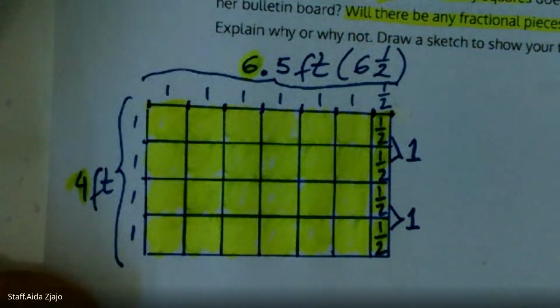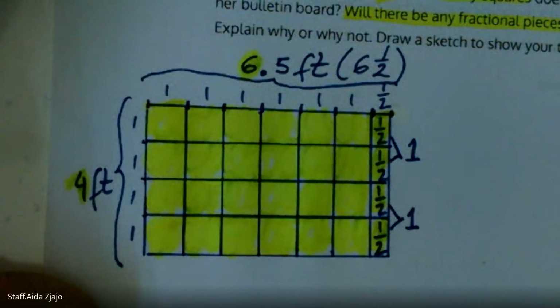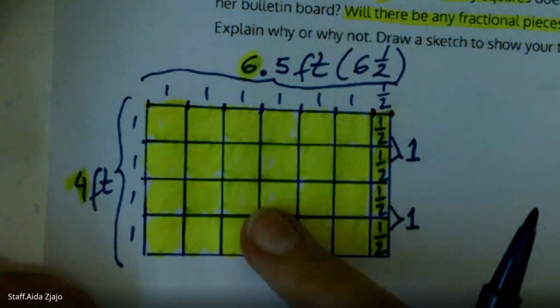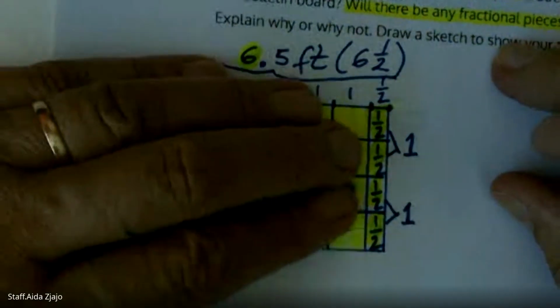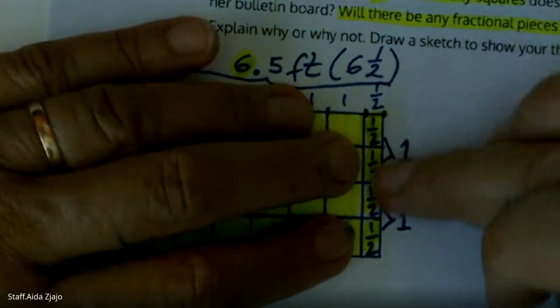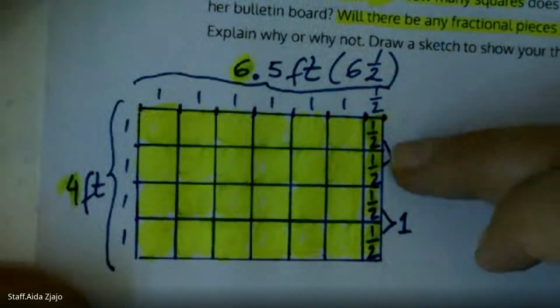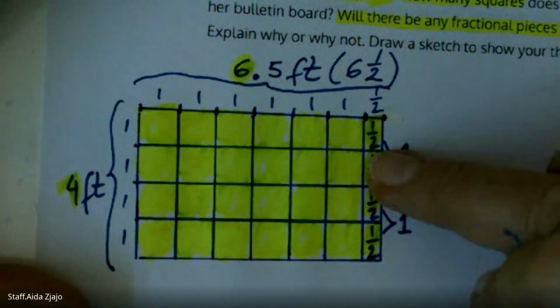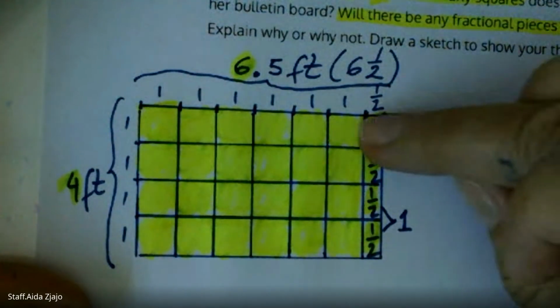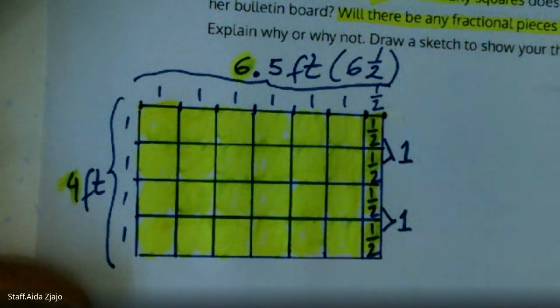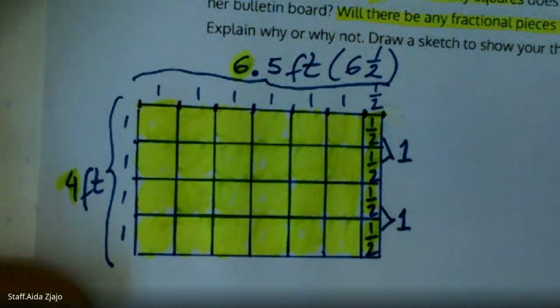She can have 26 squares, and she will have 24 whole squares, and then she will have 2 squares that she will cut in half to cover these half squares on the bulletin board.